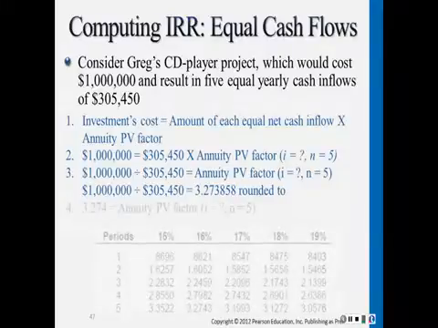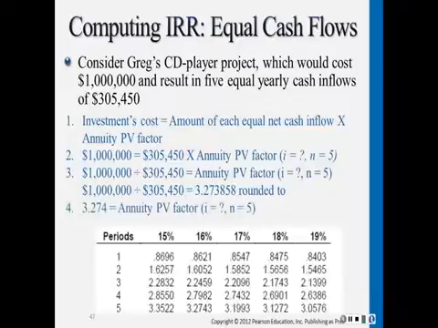Finally, we find the interest rate that corresponds to this annuity present value factor. Turn to the present value of annuity of $1 table, that's in Appendix B, Table B2. Scan the row corresponding to the project's expected life, 5 years in our example.